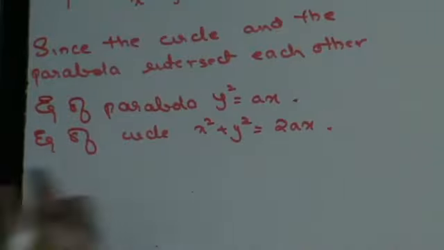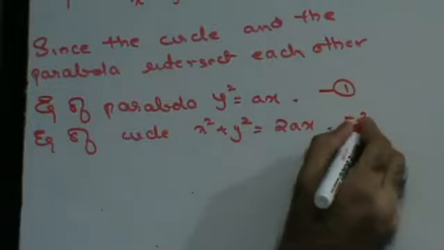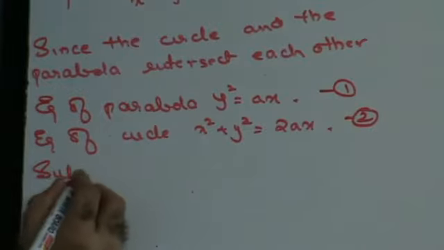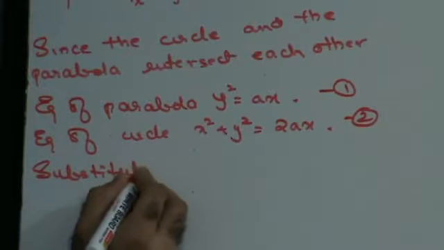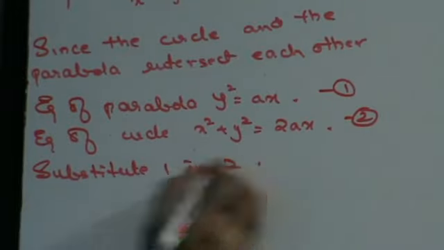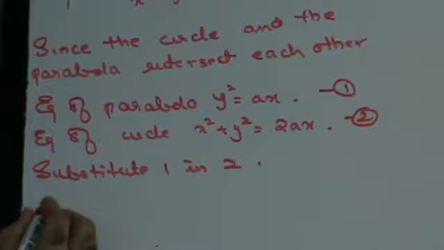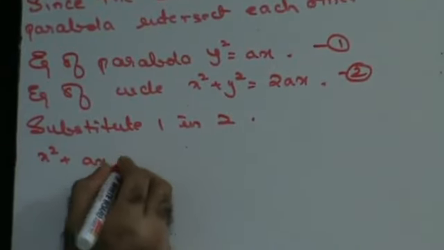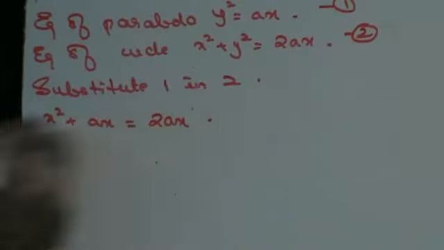So if I substitute 1 in 2, I'll get x square plus ax is equal to 2ax.